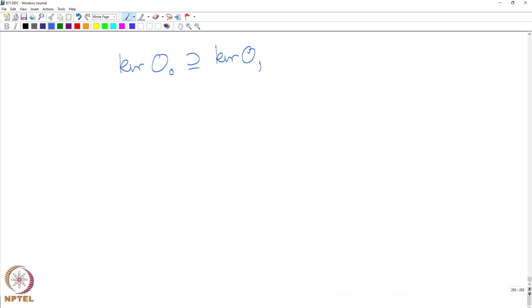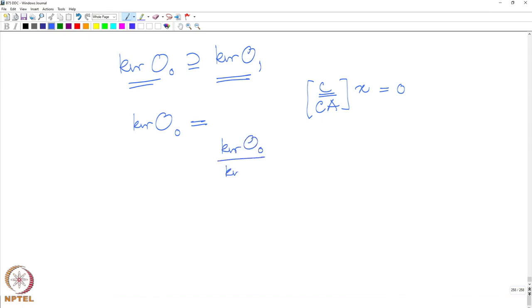Do you agree? What is the kernel of O_1? O_1 is C A. Anything that is in the kernel of this guy automatically is in the kernel of C. So, therefore, the kernel of O_1 is contained in the kernel of O_0.